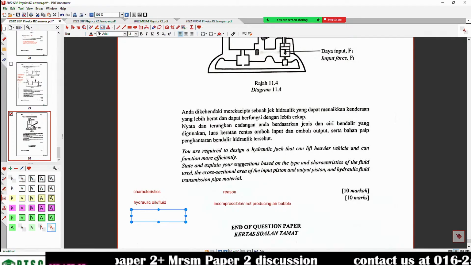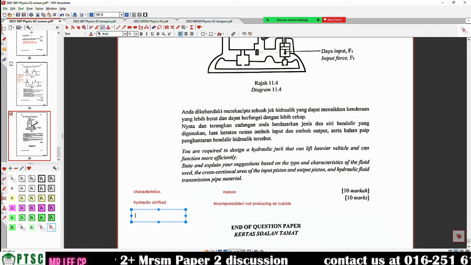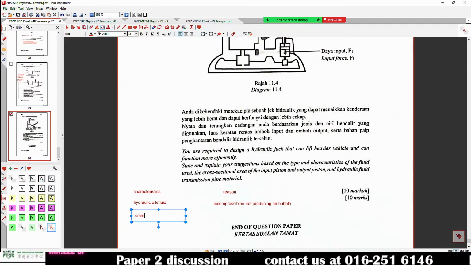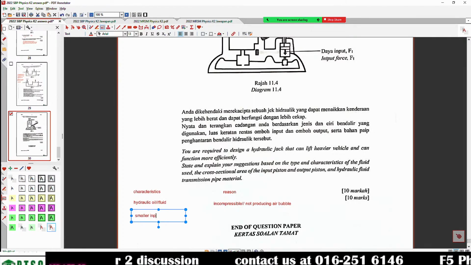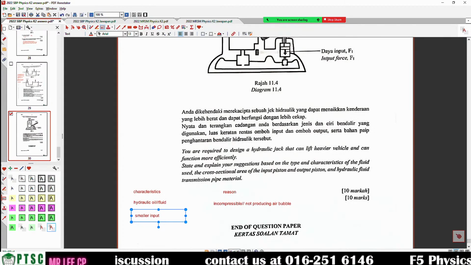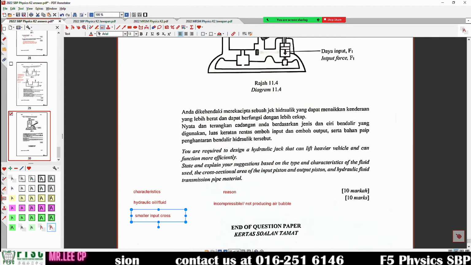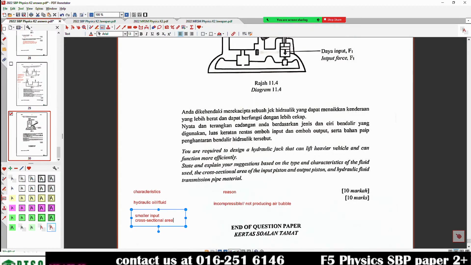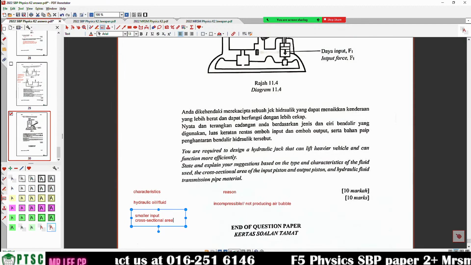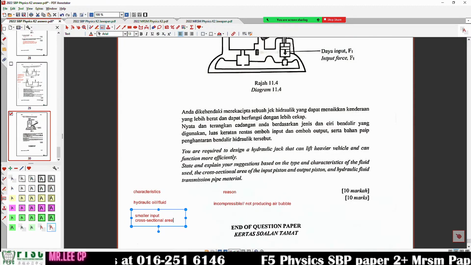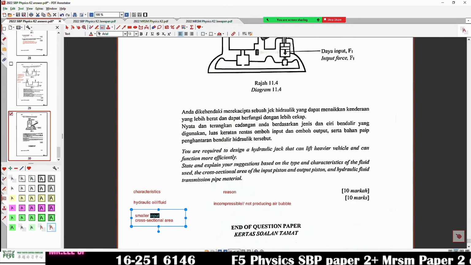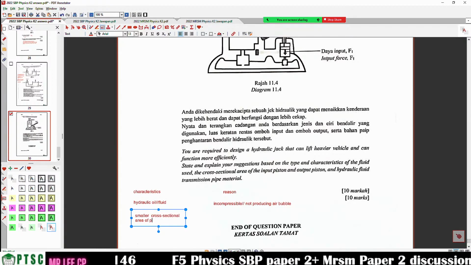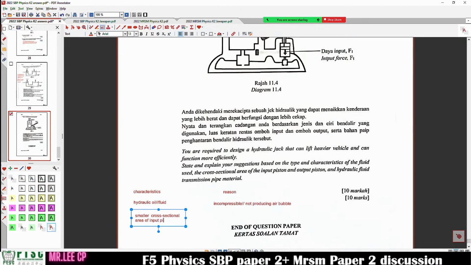Second one, the cross-sectional area of the input: smaller cross-sectional area of the input piston.